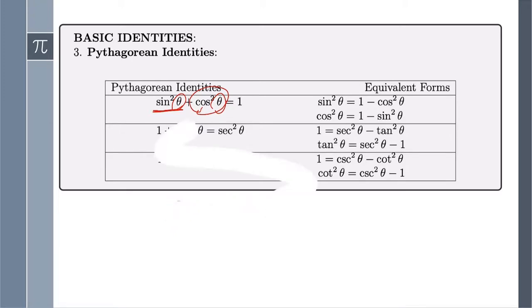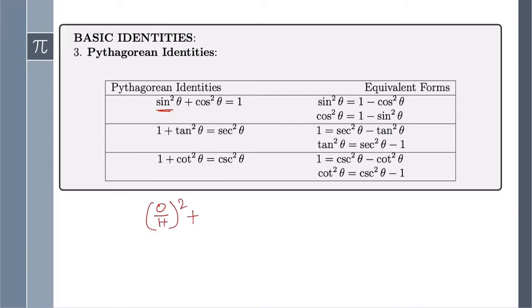Or using the right triangle, we can prove this one, because from the right triangle sine theta is opposite over hypotenuse, and if you square that, plus cosine is adjacent over hypotenuse, if you square that, we get O squared over H squared plus A squared over H squared, and then the common denominator is H squared.